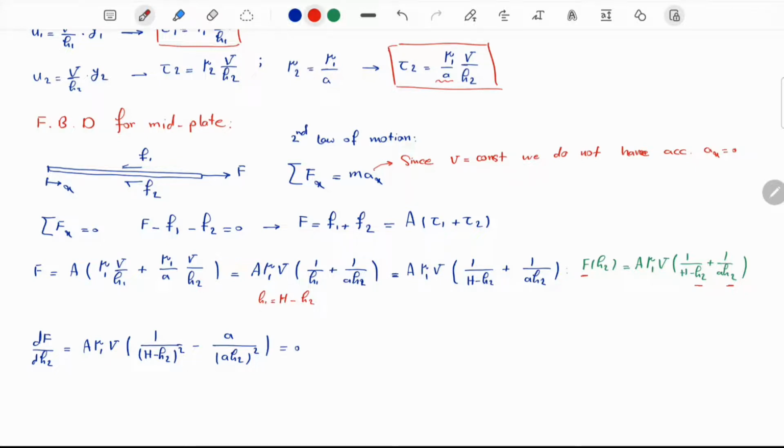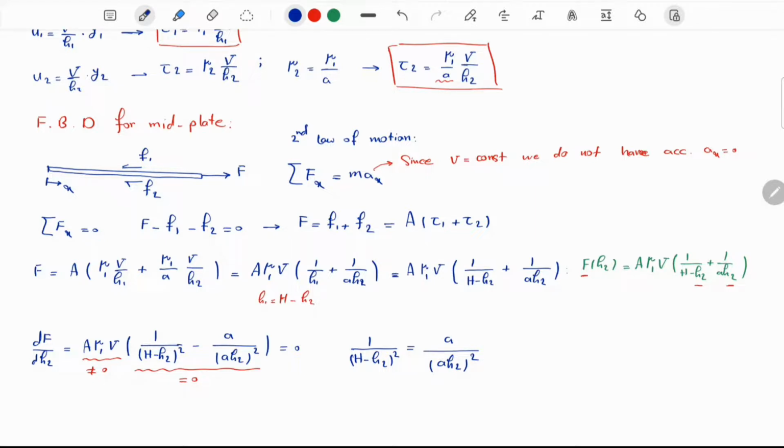As you may guess, this term is not equal to 0, and as a result, this term must be equal to 0. So by this we have 1 over (H minus H2) squared equals A over (AH2) squared.